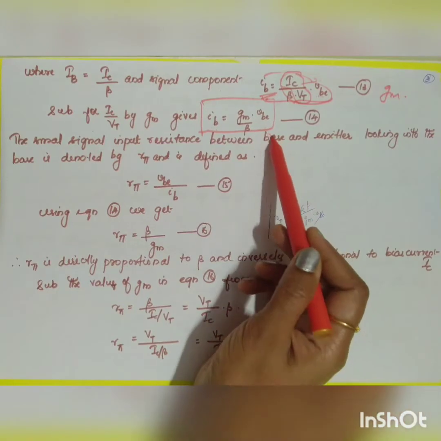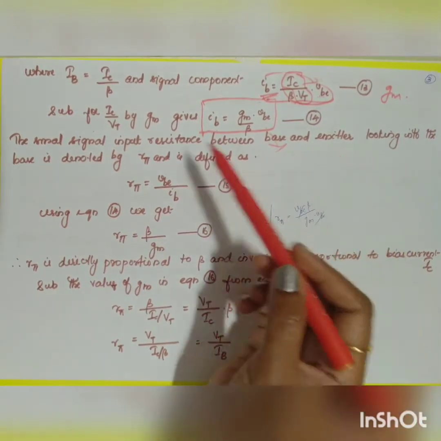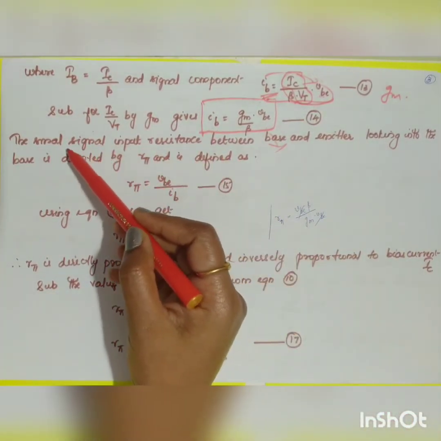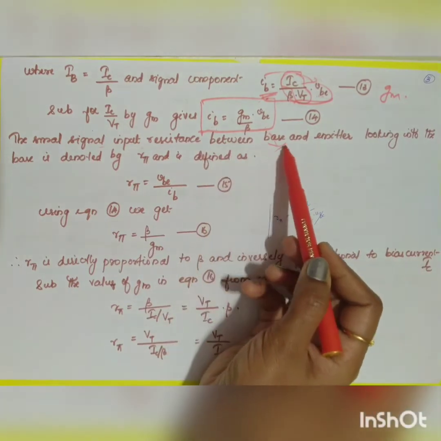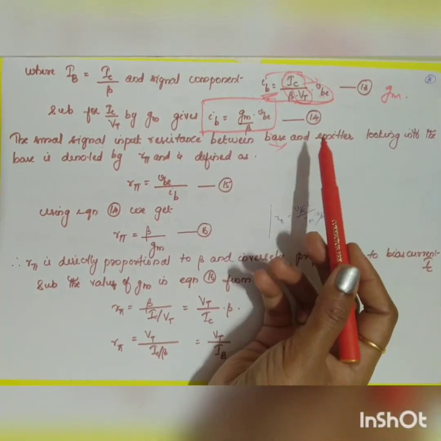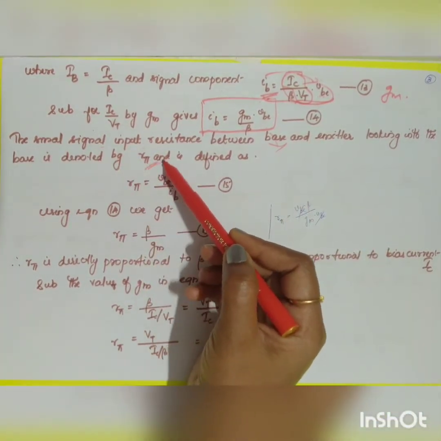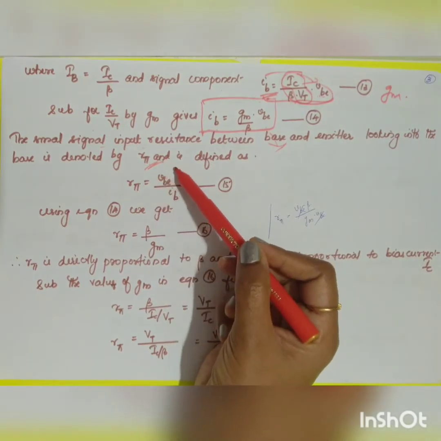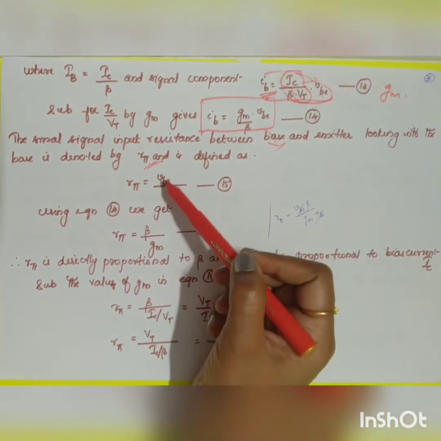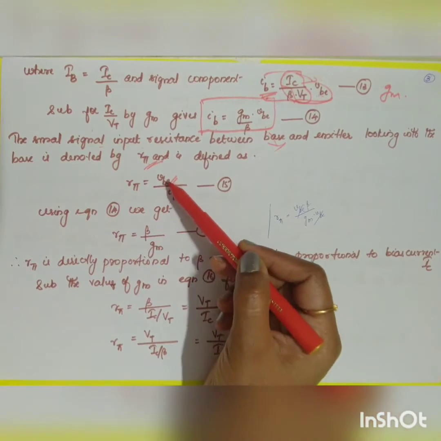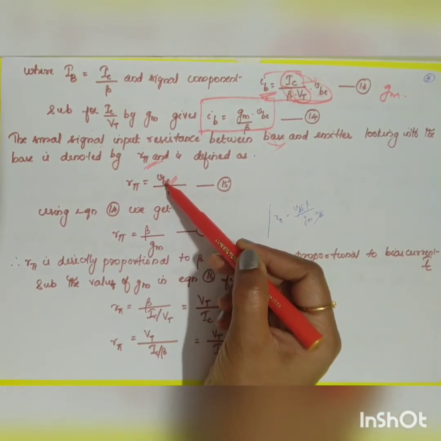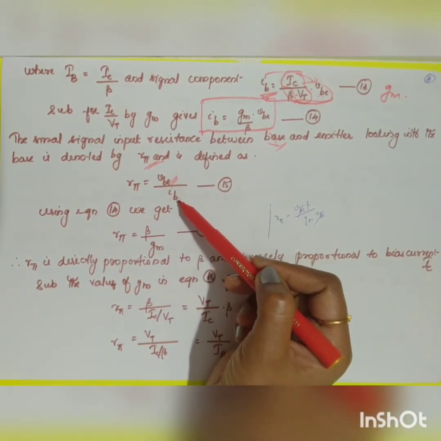Now your next parameter is your input resistance. The small signal input resistance between your base and the emitter, looking into the base, is denoted by R pi, and it is defined as resistance equal to voltage divided by current. What voltage? It is your AC small signal voltage, so small vbe divided by small ib.